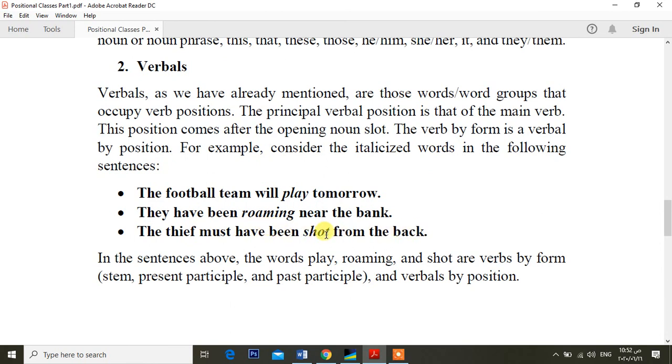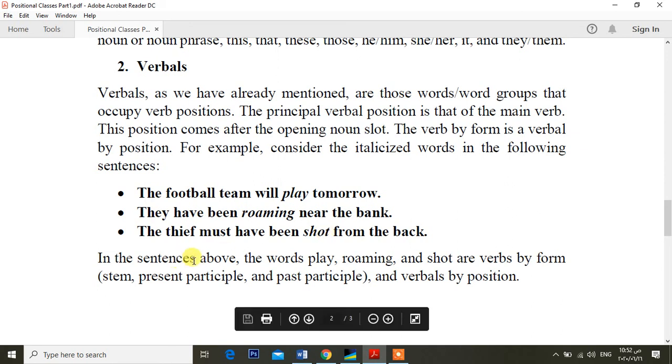Shot also is a verb by form and verbal by position. In the sentences above, the words play, roaming and shot are verbs by form, because the first one is a stem, the second one is a present participle, and the third one is the past participle, and verbals by position.